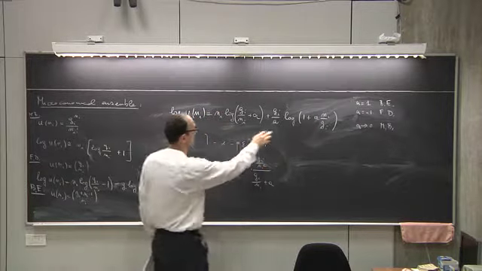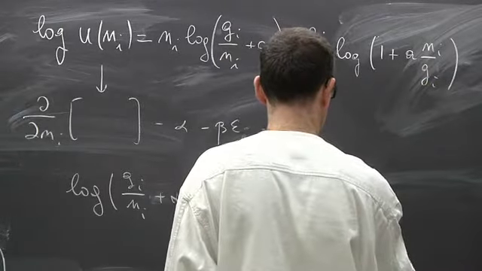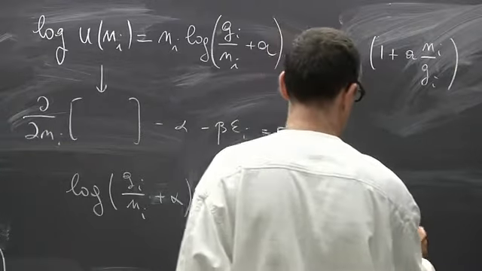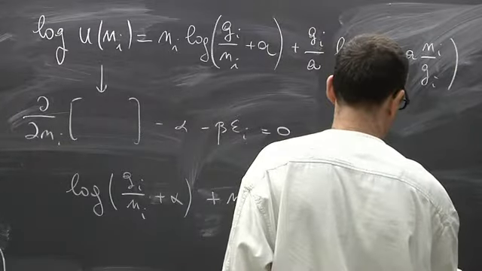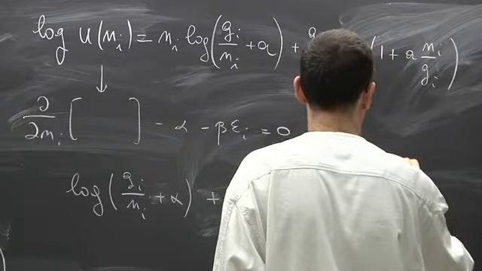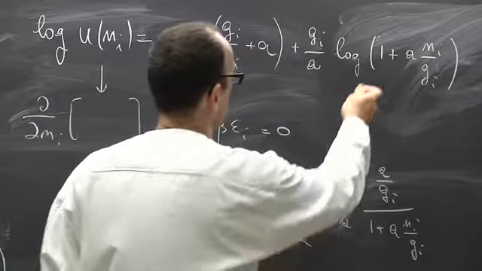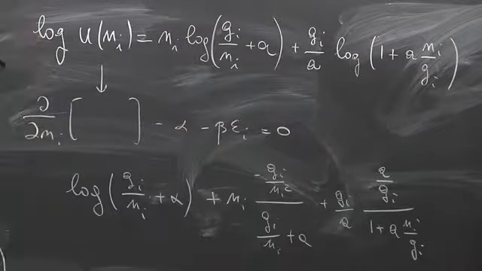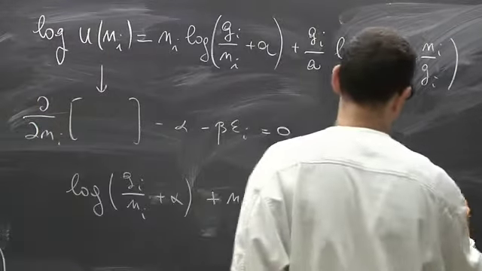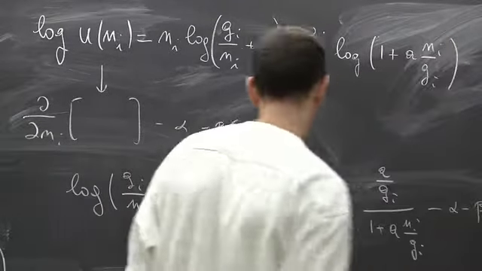And then there is another derivative here, right? So plus gi over a times 1 plus a ni over gi, times a over gi, the derivative of the argument. So this is the derivative of the first term, and then there is minus alpha minus beta epsilon I equal to 0.